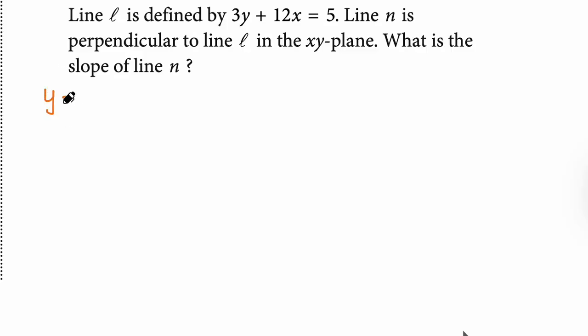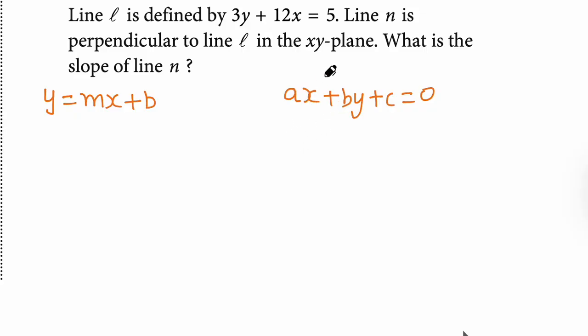Slope-intercept form is y = mx + b, and ax + by + c = 0 is the standard form, right? Here standard form is given. So initially when I started solving the question, I just converted into y = mx + b. Now let's see a very important, very interesting aspect over here.